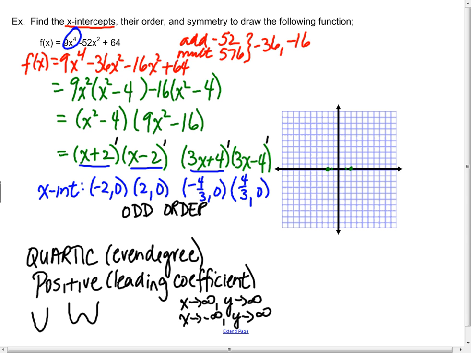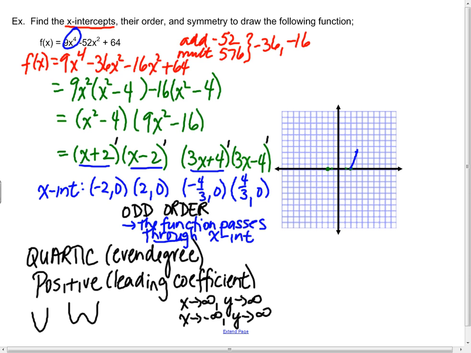So putting that all together, and that my function passes through, let's write that in blue. The function passes through each of these x-intercepts, and it's going upwards at the end.